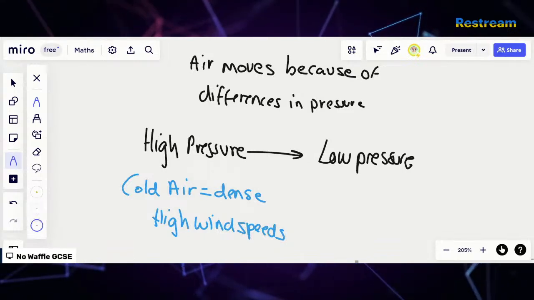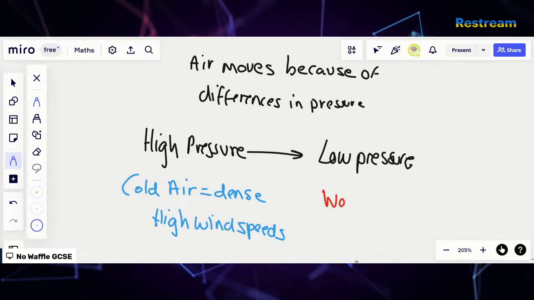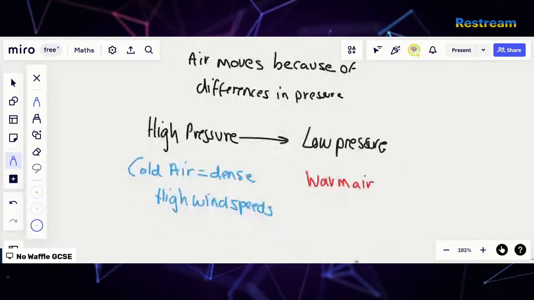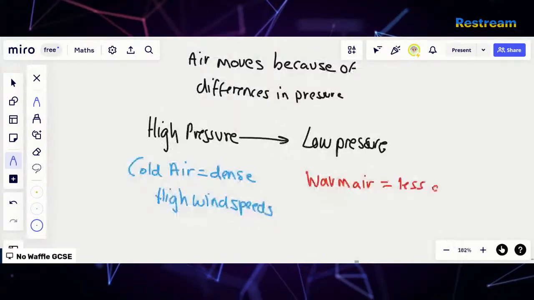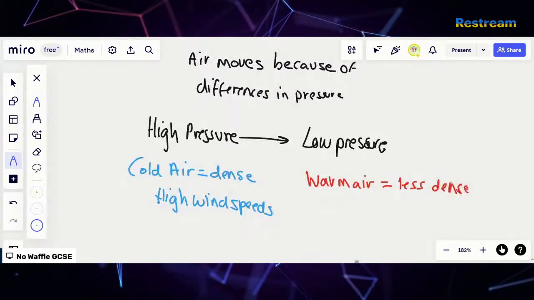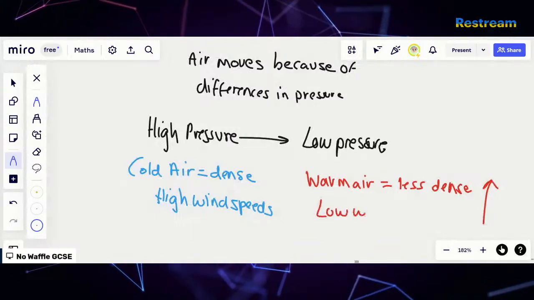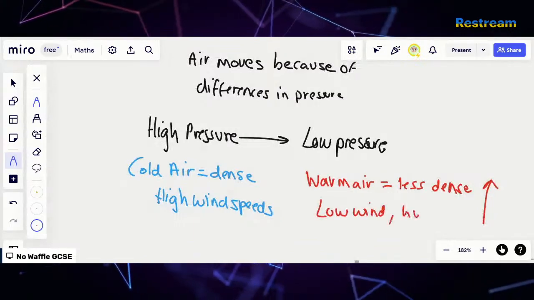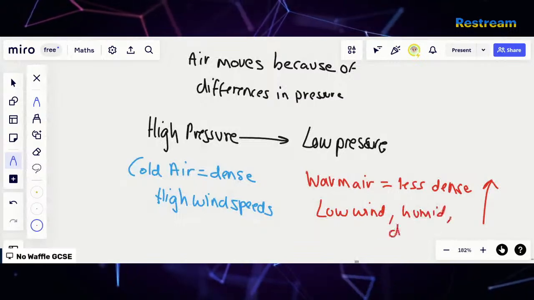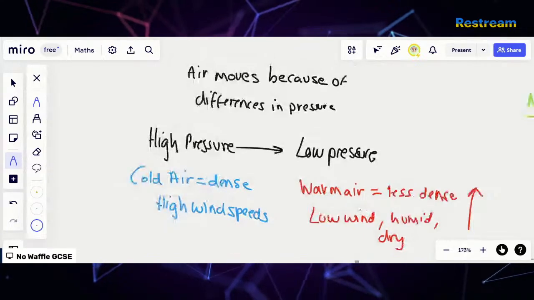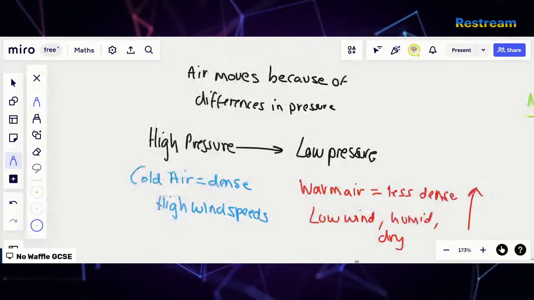Whereas low pressure is when there's warm air. And because there's warm air, it's less dense. So the warm air rises. And because it rises, there's very low wind, and it's very humid and very dry. So those are the conditions. So that's why air moves, because of differences in pressure.